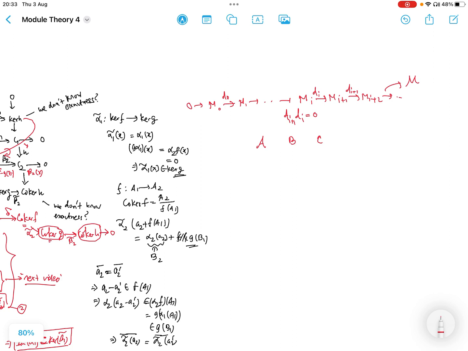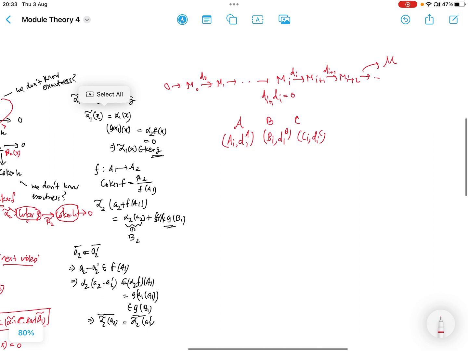So this is nothing but Ai, if I denote it by this. And this is nothing but Bi, and this is nothing but Ci. So now, we have a short exact sequence like this.